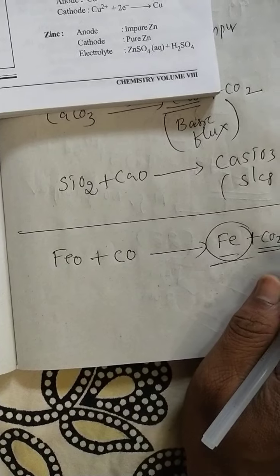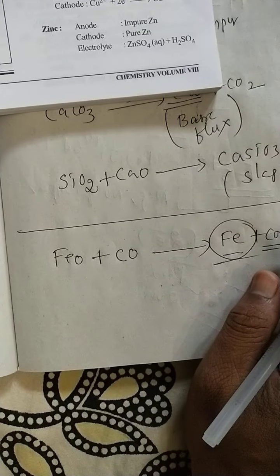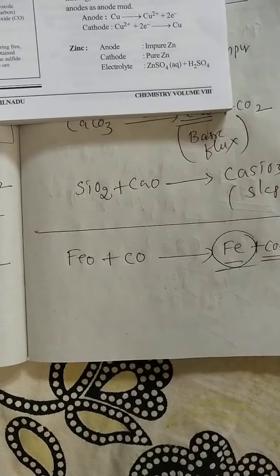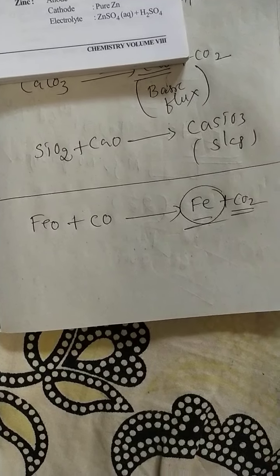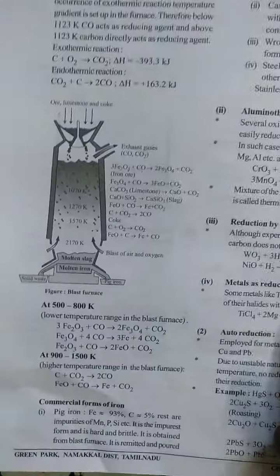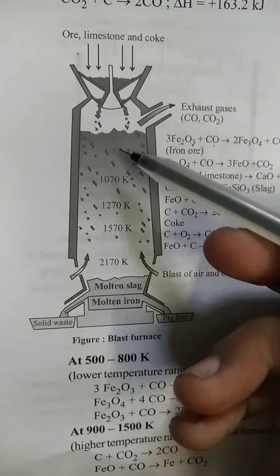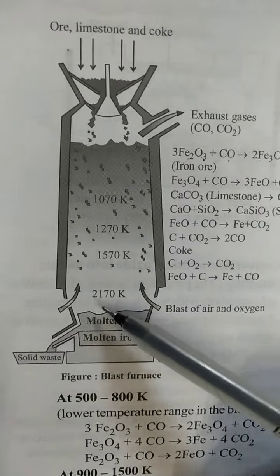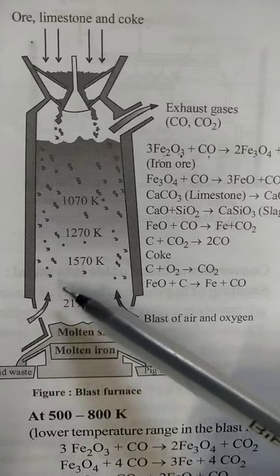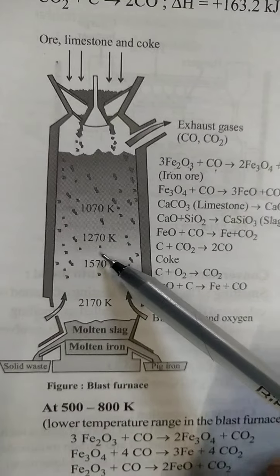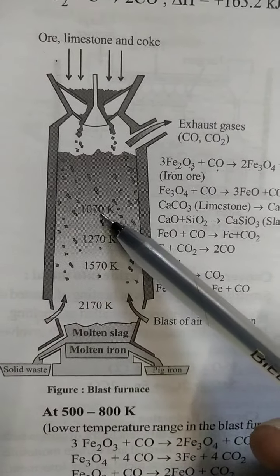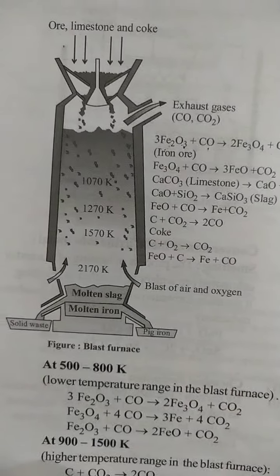This is the blast furnace, how to extract iron from the hematite. See one second the picture, my dear students. This is the blast furnace. Inside, the temperatures are 2170 kelvins, 1570 kelvins, 1270 kelvins, 1070 kelvins.